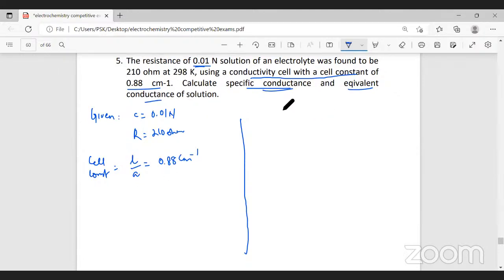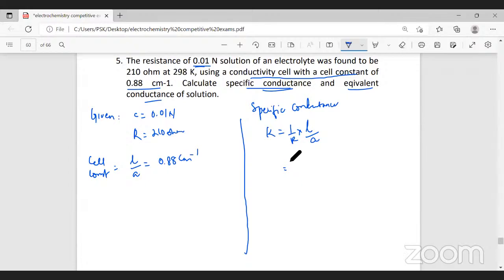Now, how do we calculate specific conductance? What is the formula? Specific conductance is represented by the letter kappa. It is given by the formula 1 by R into L by A. This is there in the theory we have learned. Specific conductance kappa is equal to conductance into L by A. Conductance is 1 by R, the reciprocal of resistance.